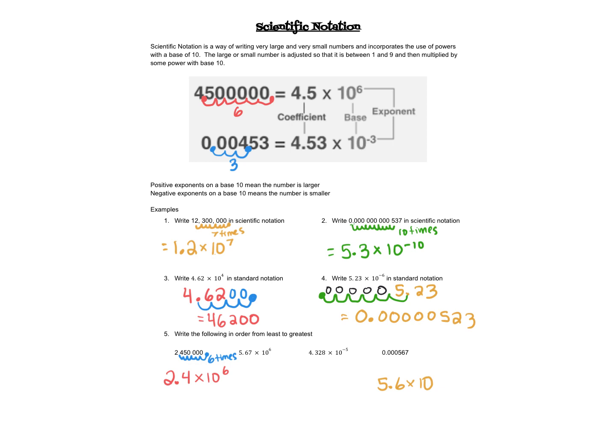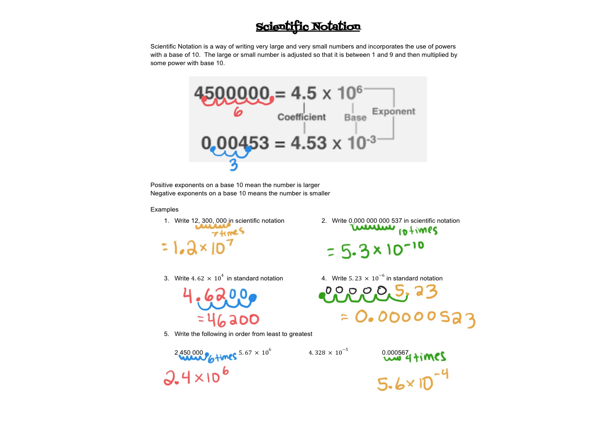And let's see how many times we move the decimal. 1, 2, 3, 4 times. And it's a small number, so the exponent is negative 4. 5.6 times 10 to the negative 4.